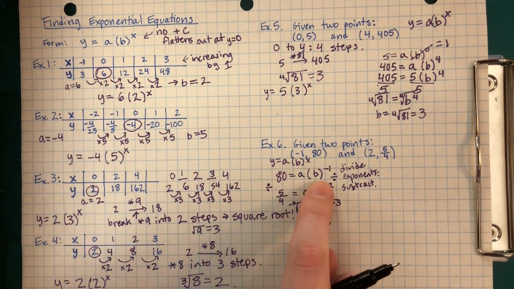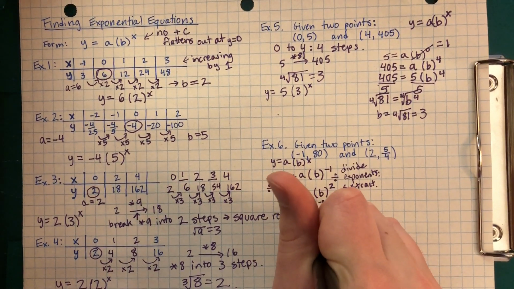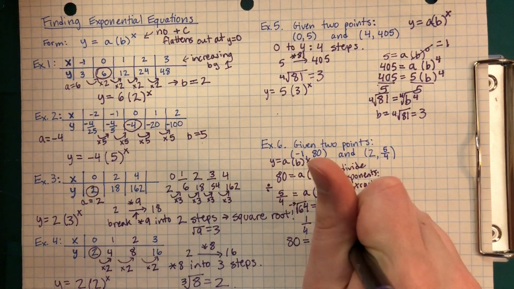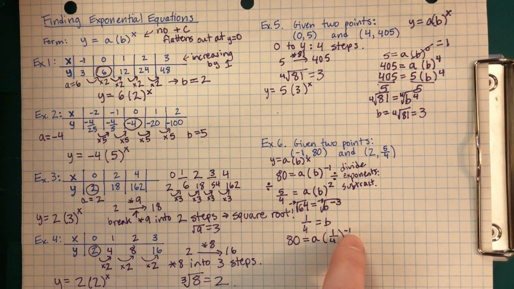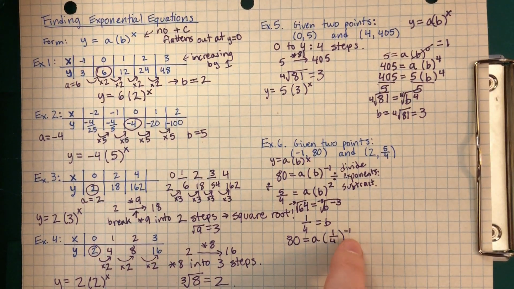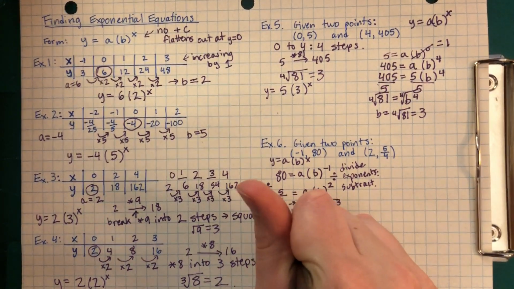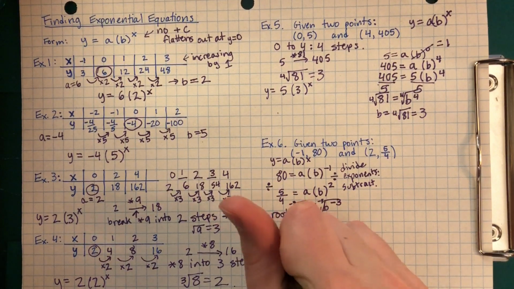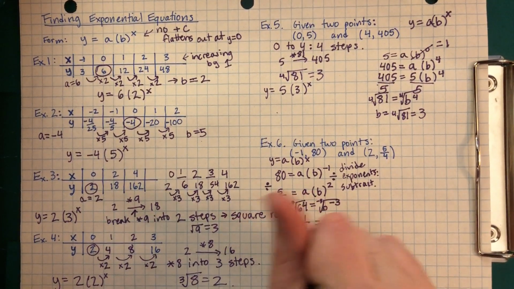So I'm going to do this equation. 80 equals a times b, which we now know is 1/4 to the negative 1. Negative means flip the fraction, so it's going to just turn out to be 4. So 80 equals 4a. Divide both sides by 4, and we get 20 for a.